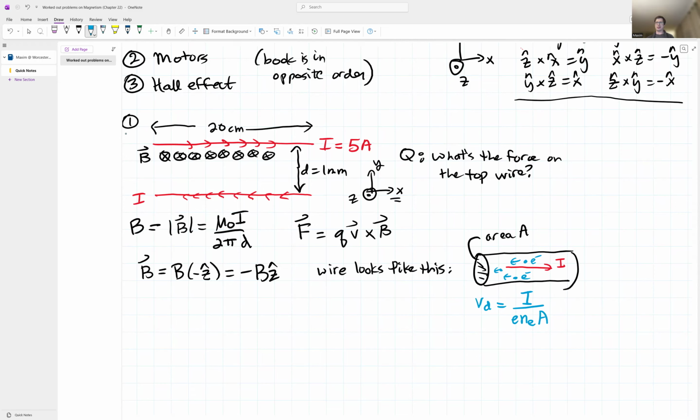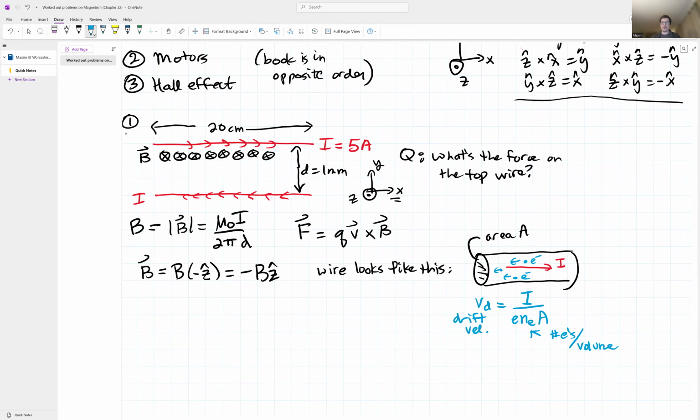This was the relationship between the drift velocity and the current. And this n is the number of electrons per unit volume of the conductor. So that is what we need. And that is what's experiencing the force: those moving electrons that are moving with this drift velocity.